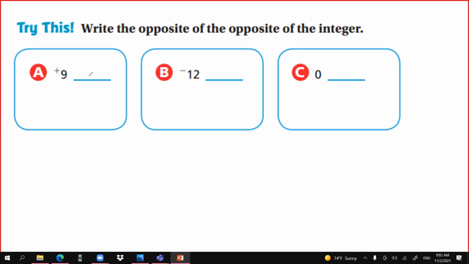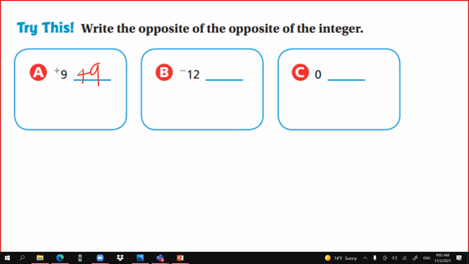Habiba. Just 9. What is the opposite of 9? Yes, Habiba. It will be positive 9.